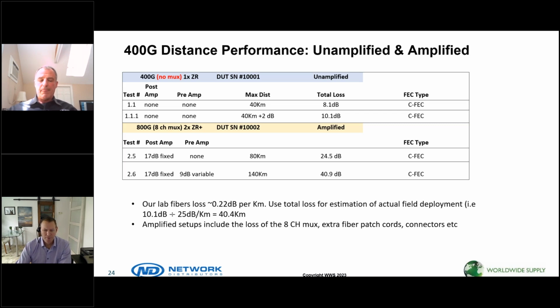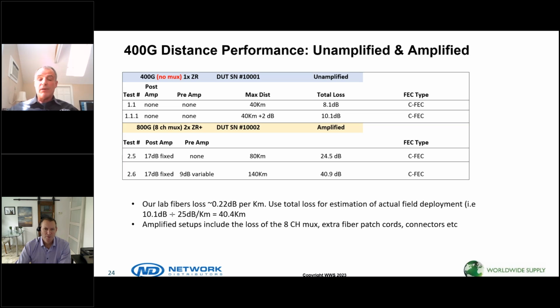Then we also went to 800 gig, where we did 2 ZR pluses with an 8-channel mux. So you see 140 at the bottom with 2 amplifiers, 17 dB and 9 dB fixed pre and post. 41 dB of link budget.